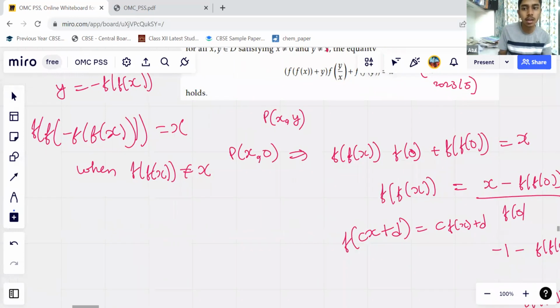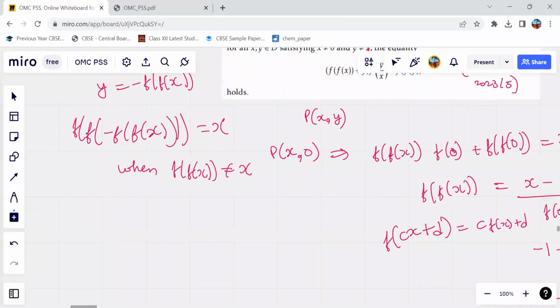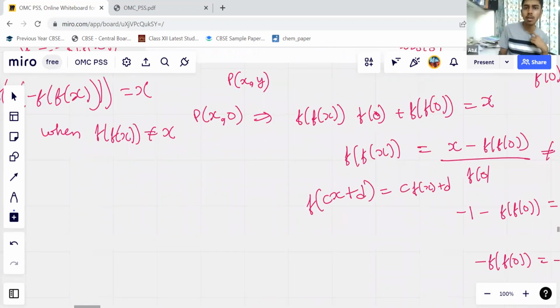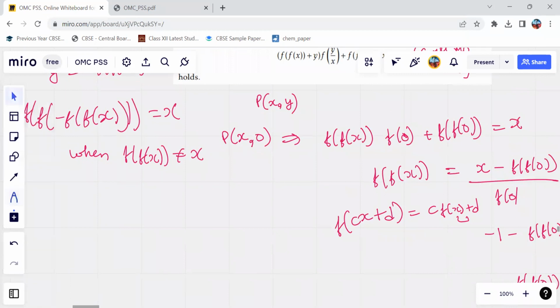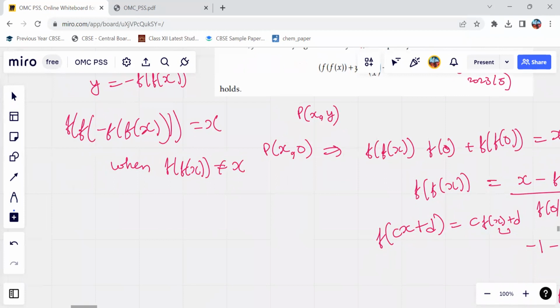The equation you wrote over there, f of cx plus d equals cf of x plus d, gives f linear. Because you can compose cx plus d with its inverse linear function to get f of x. But that'll change the right hand side. Oh yeah, okay, so the argument is different.